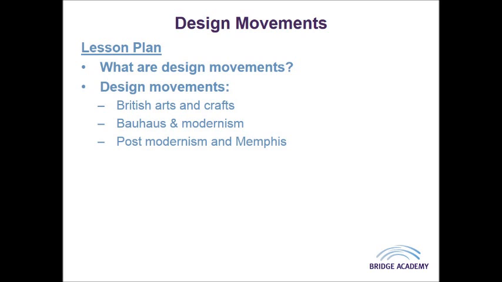So what he did is he tried to go back to having people make one-off items. So a lot of the stuff that was produced by the arts and crafts movement is very high quality one-off productions. They produced quite a lot of solid wood furniture, but they also did a lot of prints, so they did a lot of wallpaper and other pieces as well.